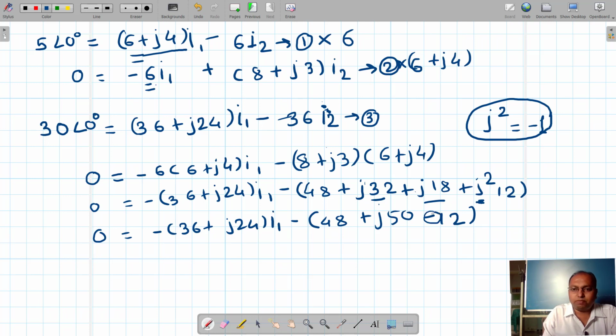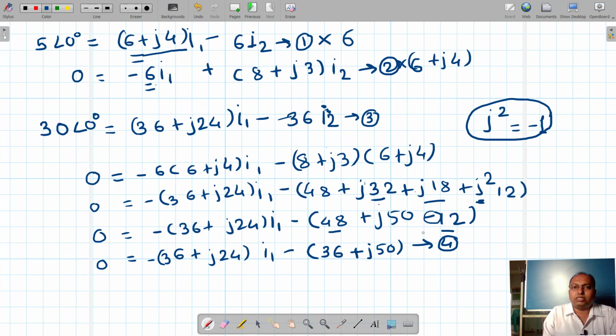So 0 is equal to minus of 36 plus j24 into I1, minus, now 48 minus 12, how much will it be? It will be 36 plus j50, isn't it? So let us say this is equation number 4.